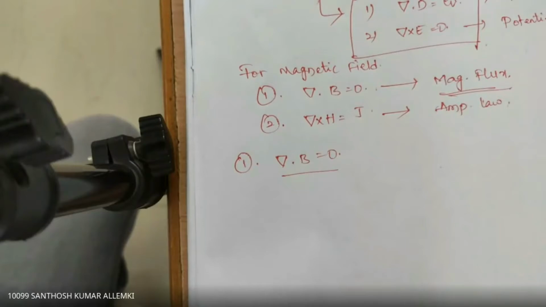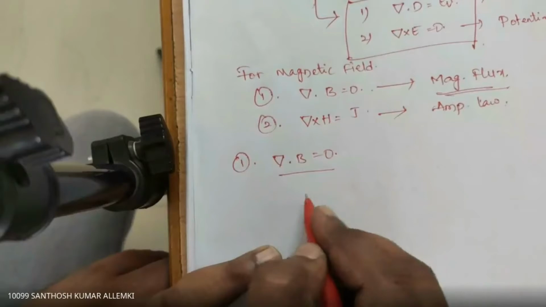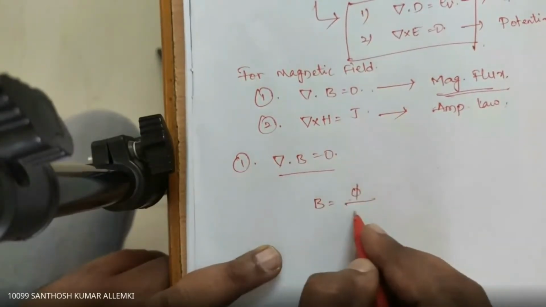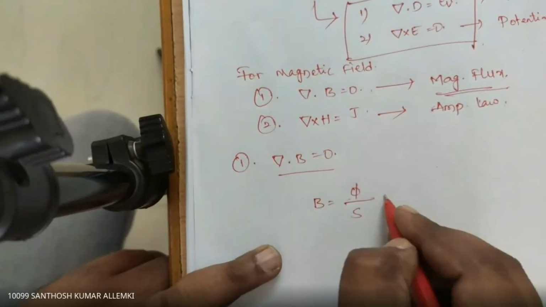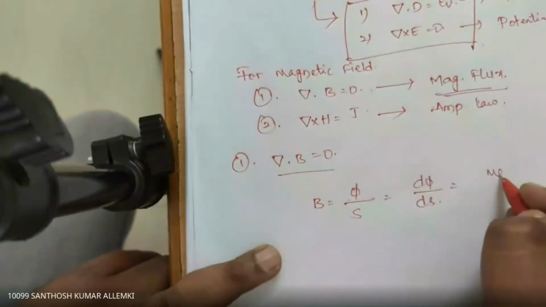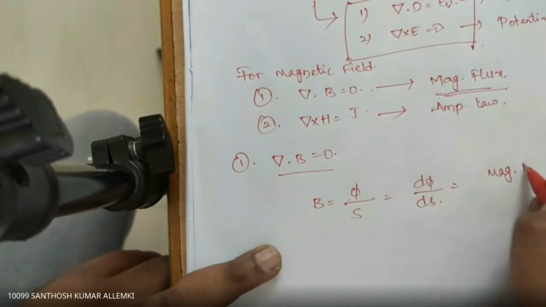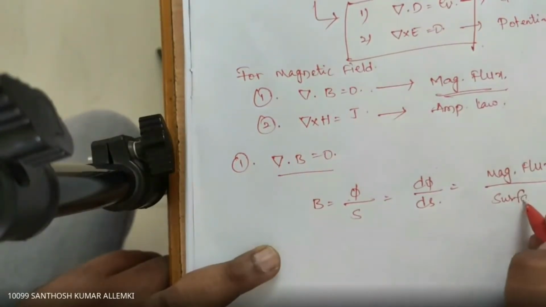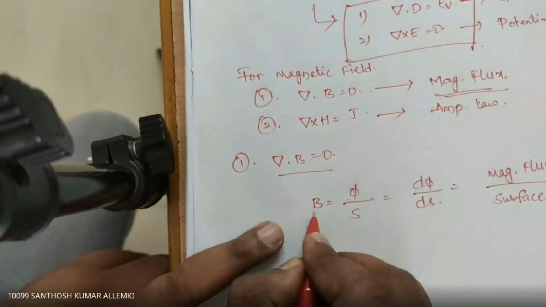We know the magnetic flux concept. Magnetic flux density B is equal to d phi by dS, that is, magnetic flux per unit surface. So B is the magnetic flux density and phi is the magnetic flux.